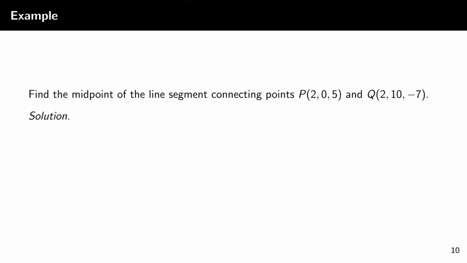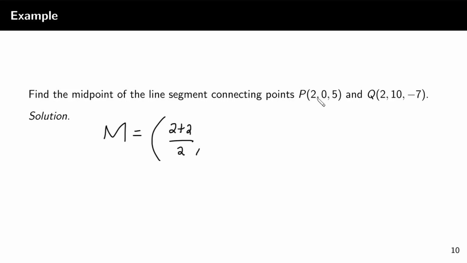Okay, so let's answer this. Find the midpoint of the line segment connecting the points 2, 0, 5 and 2, 10, negative 7. For the midpoint, we just have to get the average of the coordinates. The x coordinates are 2 and 2, so 2 plus 2 divided by 2.